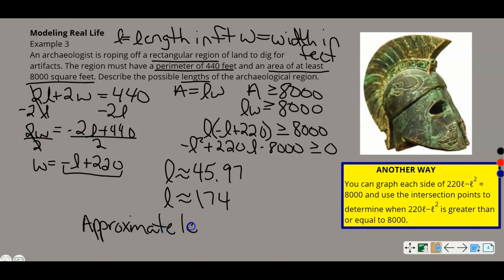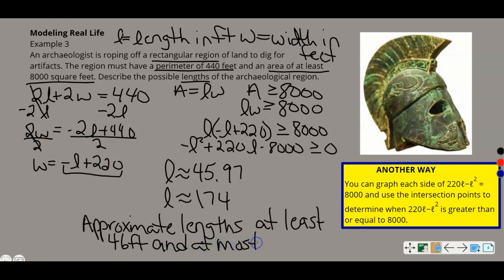The approximate lengths for this rectangular region would be at least 46 feet and at most 174 feet.